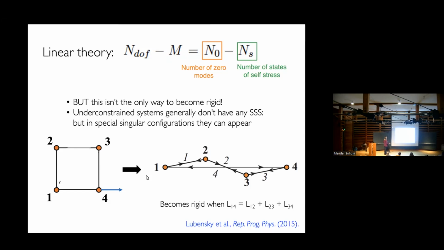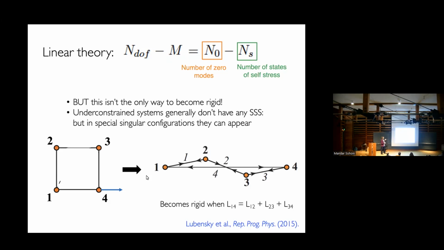There's another critical point when the system becomes a straight line, where I get a state of self-stress, and I've drawn in that state of self-stress. I've broken these out just a tiny bit. You're supposed to envision that it's very nearly flat, but not quite. And then I actually have a state of self-stress, and the system becomes rigid. Basically, when this length is the sum of the other lengths, there's a critical point.